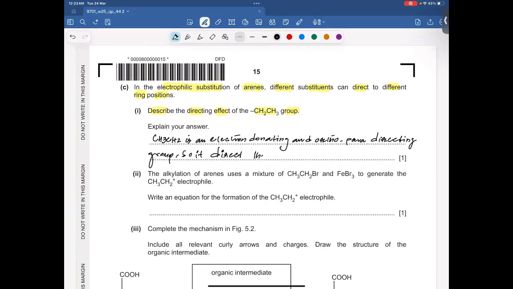So it directs the electrophile towards second, fourth, and sixth carbon. Okay.